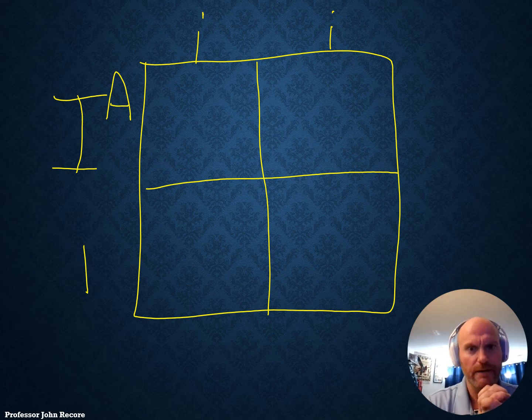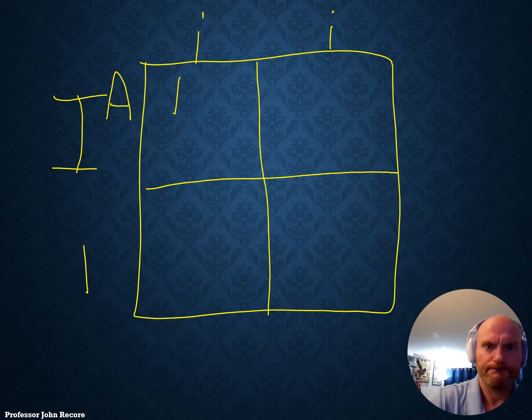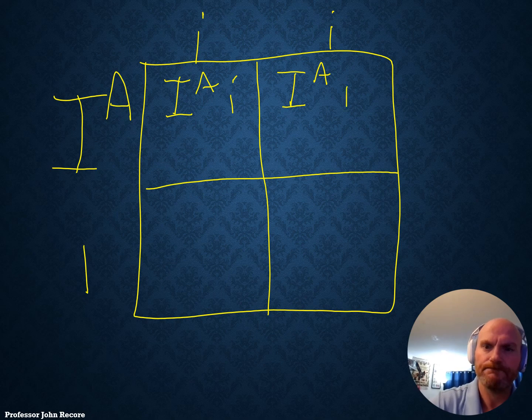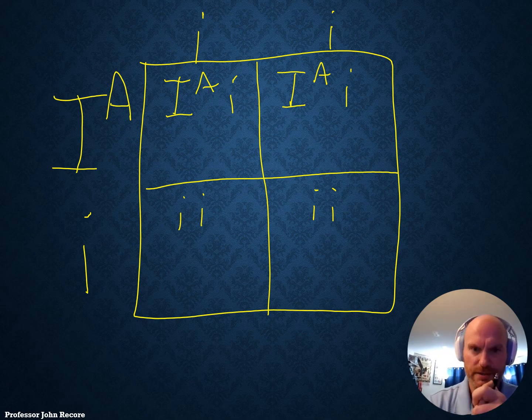So let's plot out our Punnett square. I'm going to do the genotype here in the top so that there's still room to put the phenotype in. Okay, so that's the genotype.